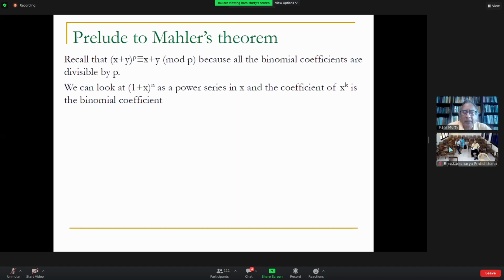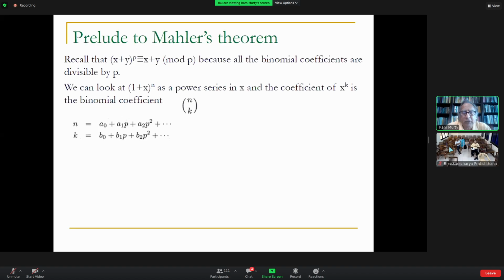Okay. We can look at (1 plus x) to the power n as a power series in x, and the coefficient of x to the k is the binomial coefficient n choose k. Now we can use this elementary observation to come up with what are called Lucas congruences for binomial coefficients.